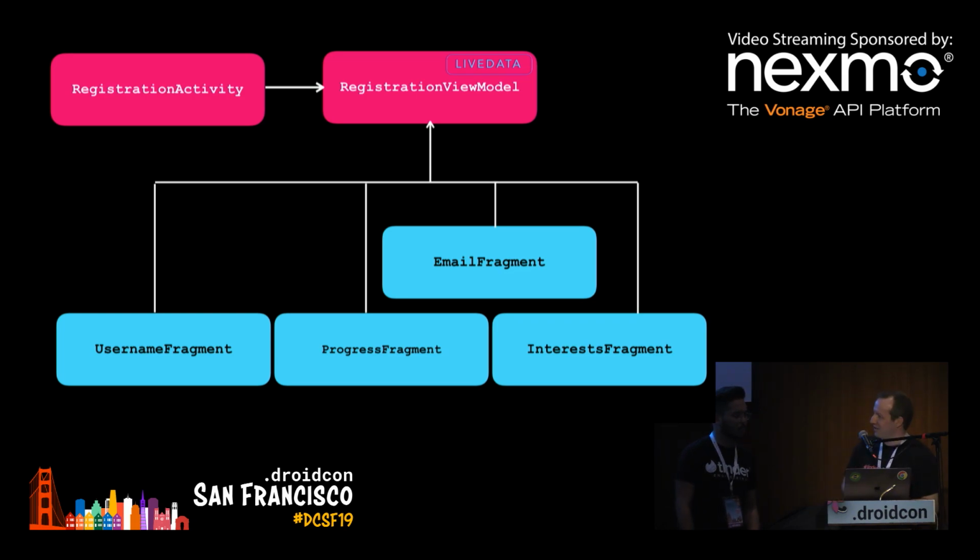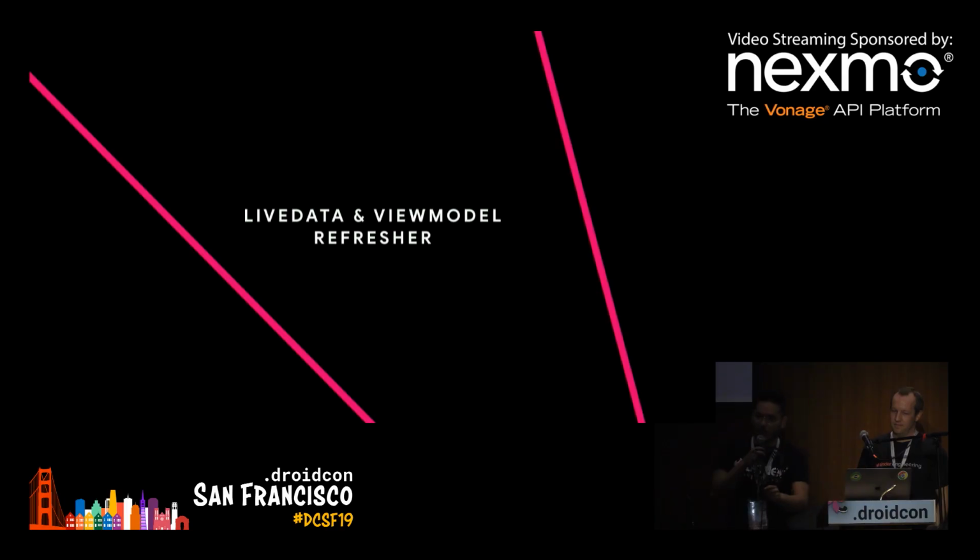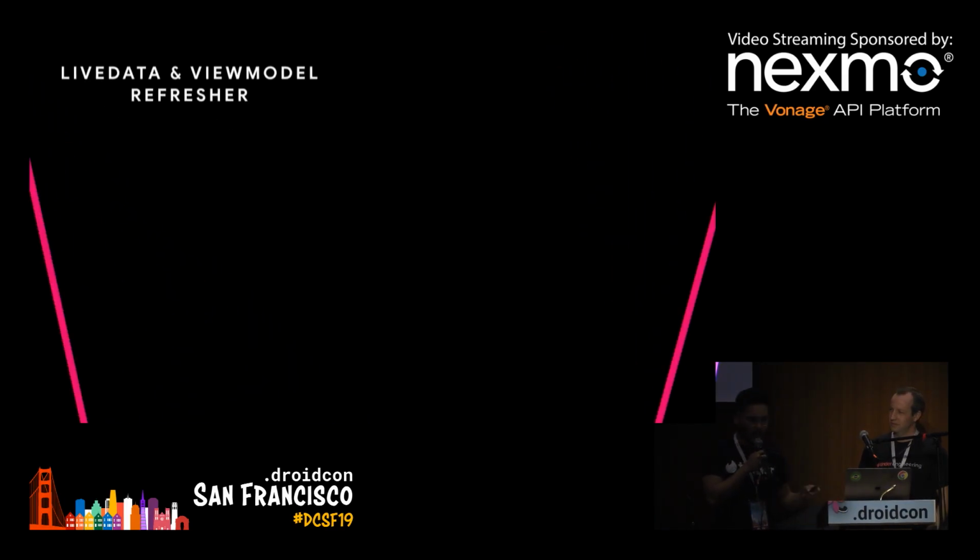But I'm going to let Marcus do a quick refresher on MVVM and then walk us into the ViewModel Contract concept. Yeah, so let's go very quick onto LiveData and ViewModel. If we're here and we're talking about contracts and a little bit more advanced topic, I expect you to have some knowledge on LiveData and ViewModel.